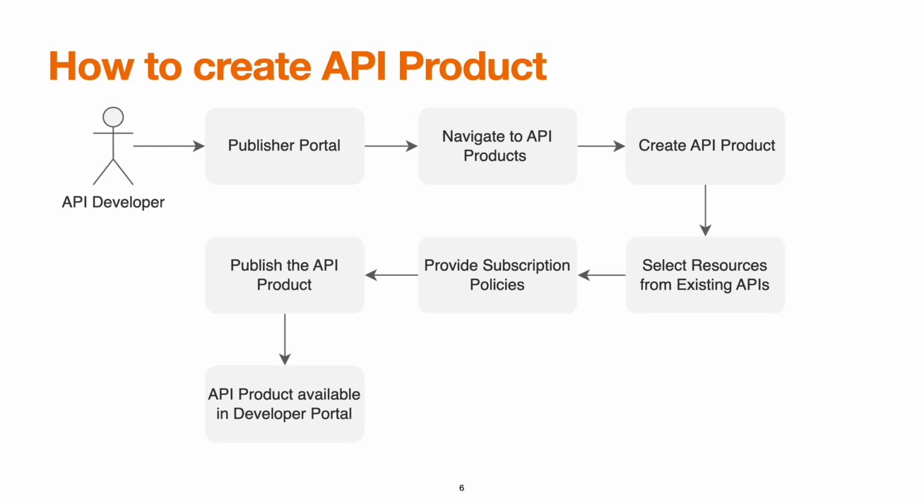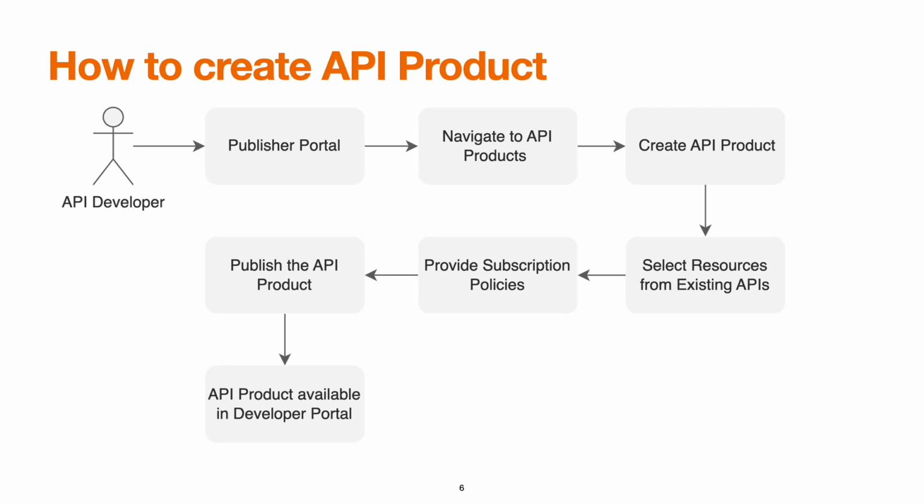An API product can be created by the API developer, typically by logging into the publisher portal. So the API developer logs in to the publisher portal with relevant rights and navigates to API products. Then there is an option to create an API product. This screen will show a set of different resources which are available for creating the API product out of available APIs and different resources.